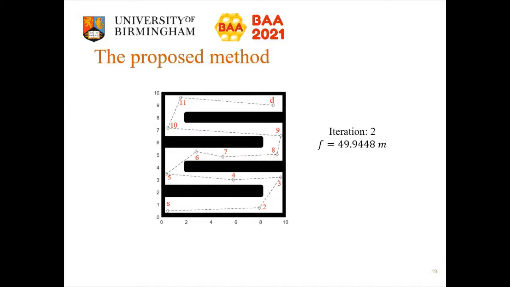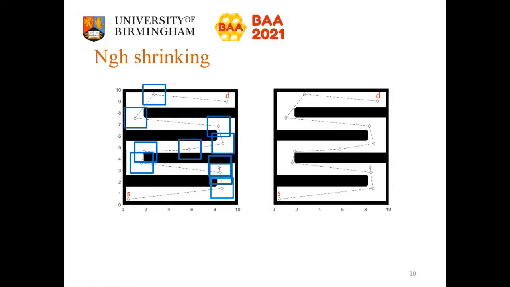The solution is improving through iterations. However, after about 100 iterations, the solution doesn't change and the algorithm is stuck with local optima. So we suggest to implement neighborhood shrinking.